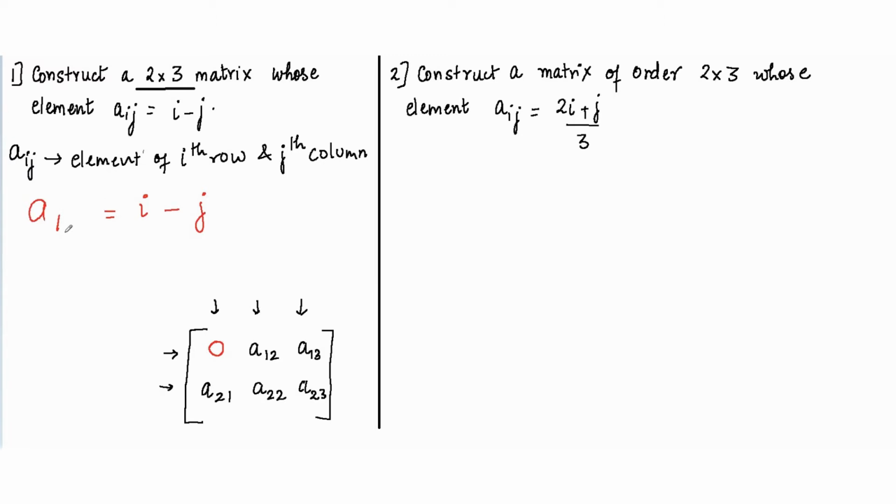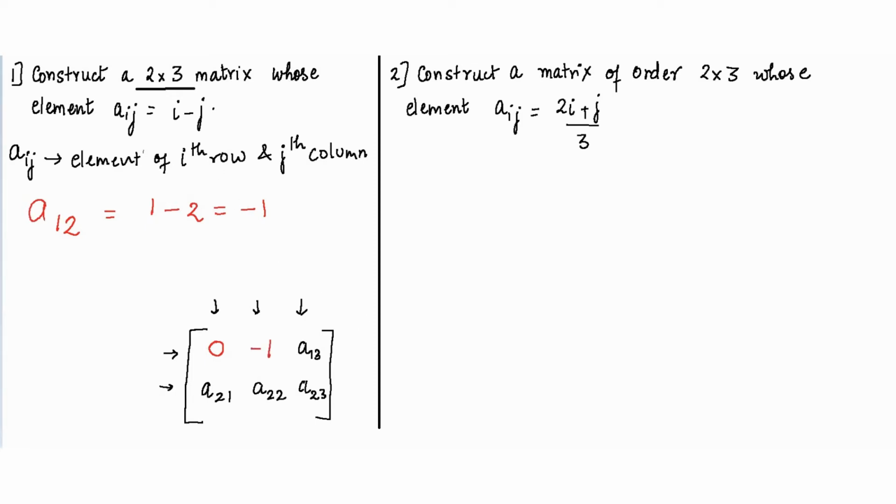When I do that on the left hand side, I should also do it on the right hand side. So this is going to be 1 minus 2, which is equal to minus 1, which means A12, the element in the first row, second column, is minus 1.